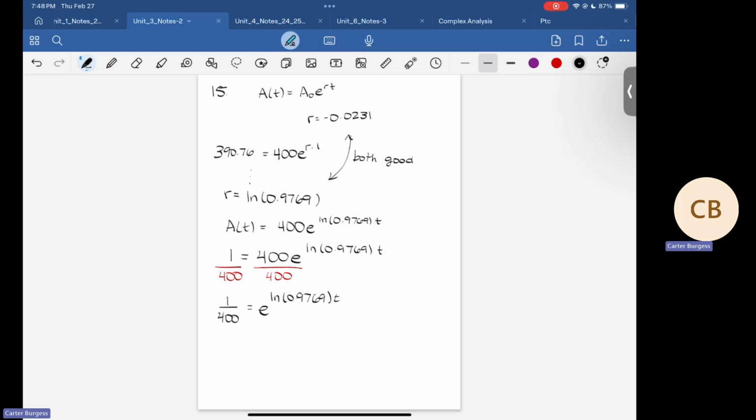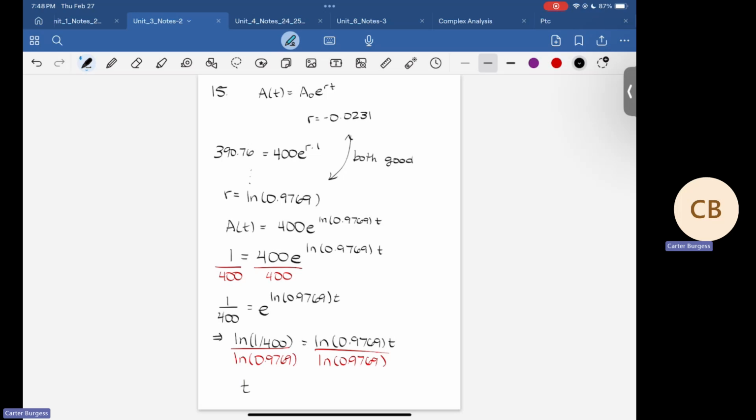Rewriting this as a logarithm, I get the ln of 1 over 400 is equal to ln of 0.9769 times t. Solving for t, dividing by ln of 0.9769, or if there were a denominator here, multiplying by the reciprocal.